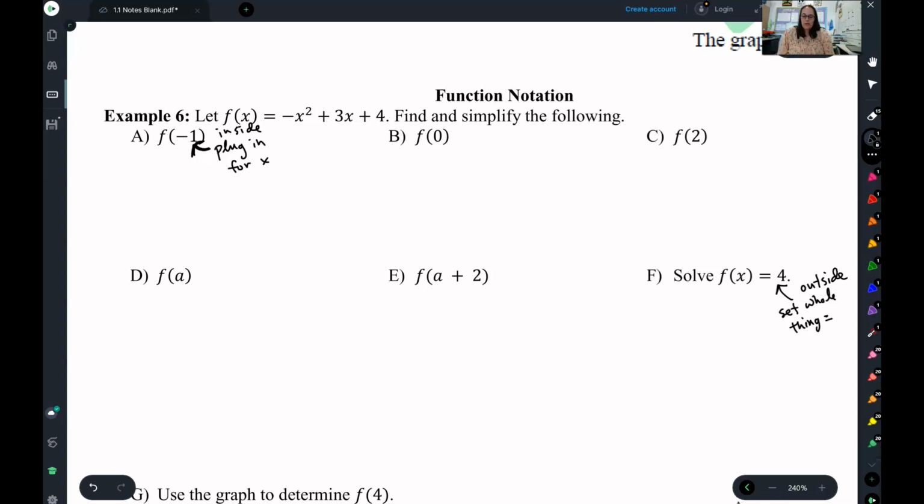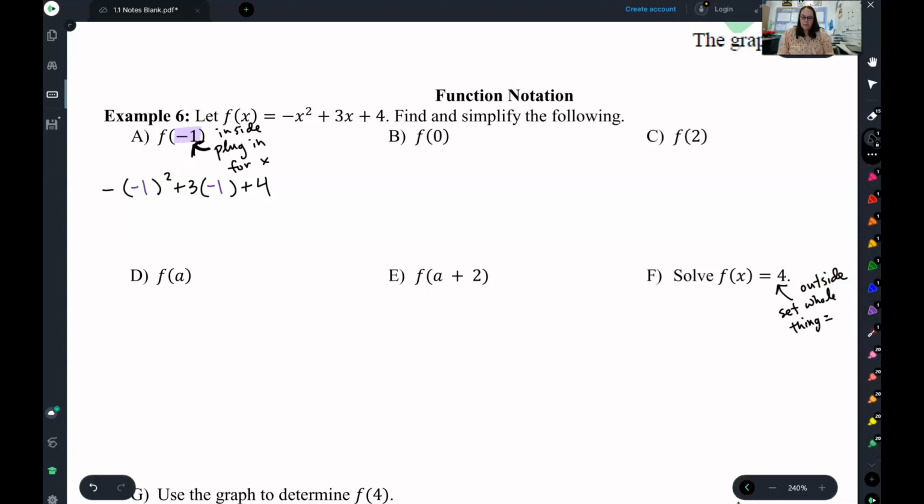So we're going to come right here. I have negative 1 on the inside. So that means everywhere I see an x, I'm just going to replace the x with a blank set of parentheses. Then, inside those parentheses, I'm going to plug in the negative 1, or replace all the x's with that negative 1.